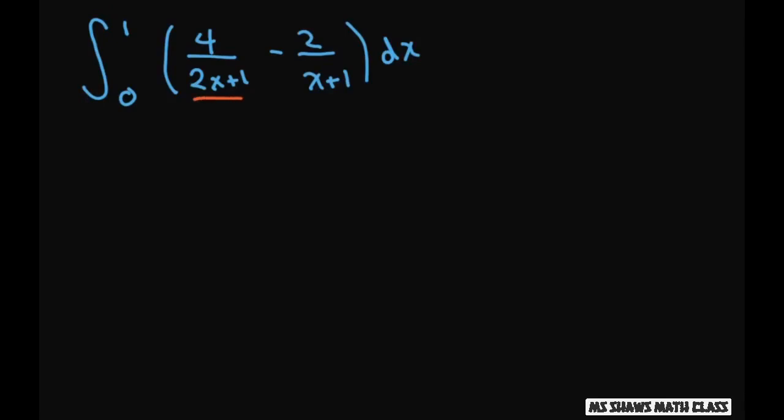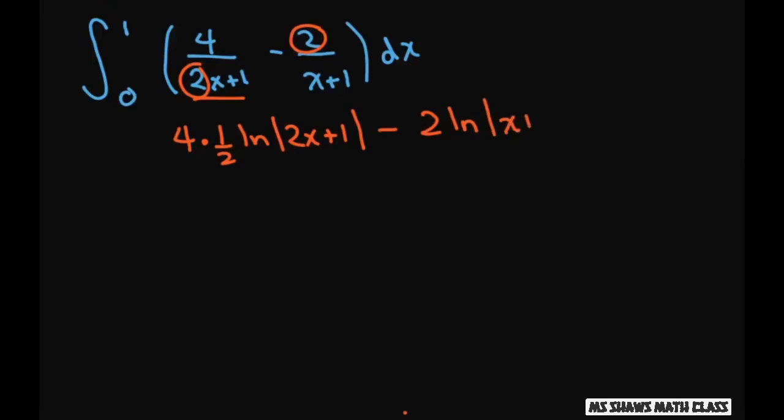So take each piece. This is just going to be pull out the 4, and then this is going to be times 1/2 here, ln of 2x plus 1. And then minus, pull out your 2, ln of x plus 1.